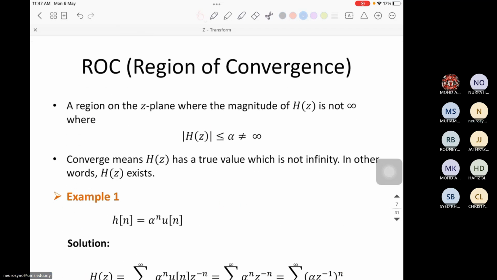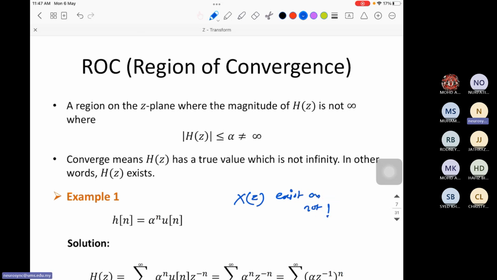Now in the z transform, there is a question of existence. Does X(z) exist or not? This is very important here. Does this X(z) exist or not?